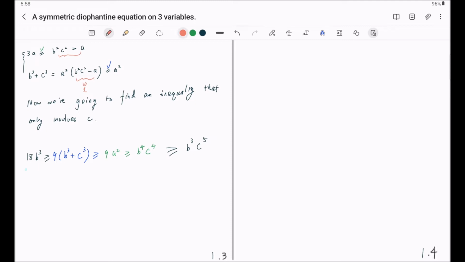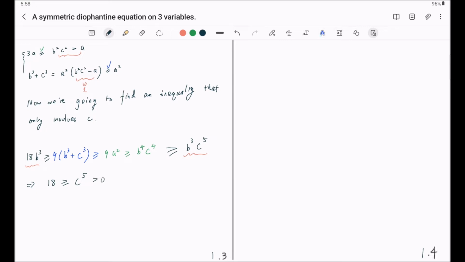Great, we can cancel b cubed from both sides. This gives us 18 greater or equal to c to the power 5. But remember, c is a positive integer.